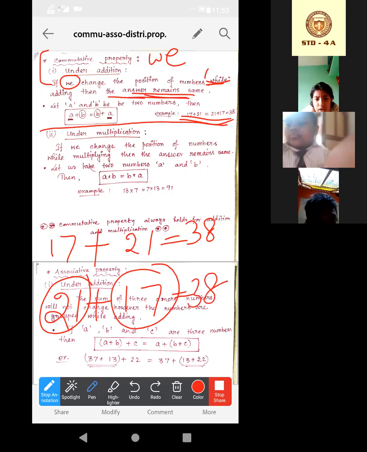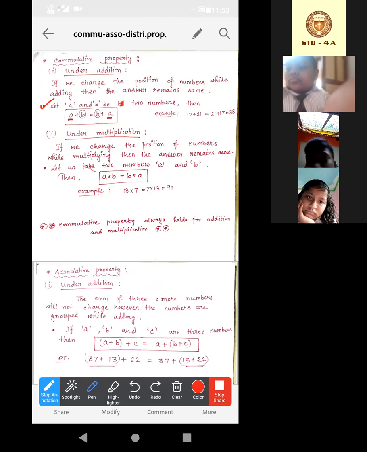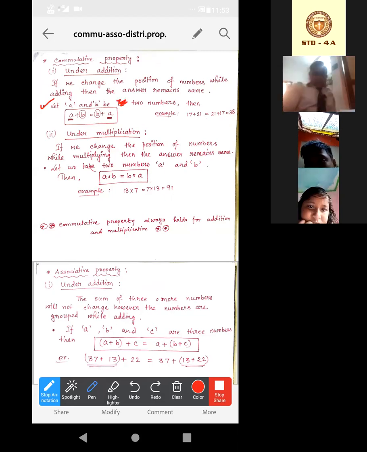Then the answer remains the same. Is it clear? Let A and B be two numbers. A plus B is equal to B plus A.